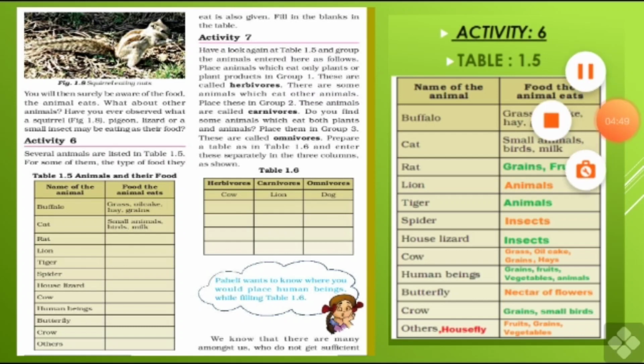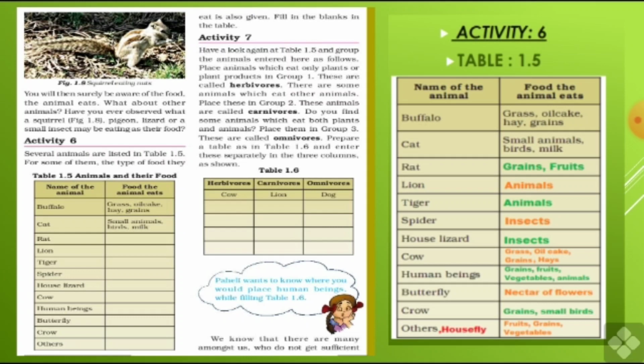Now a spider eats insects. A house lizard eats insects. What does a cow eat? Again, the cow eats grass, oil cake, grains and hay. What does a human being eat? We eat grains, fruits, vegetables and animals.